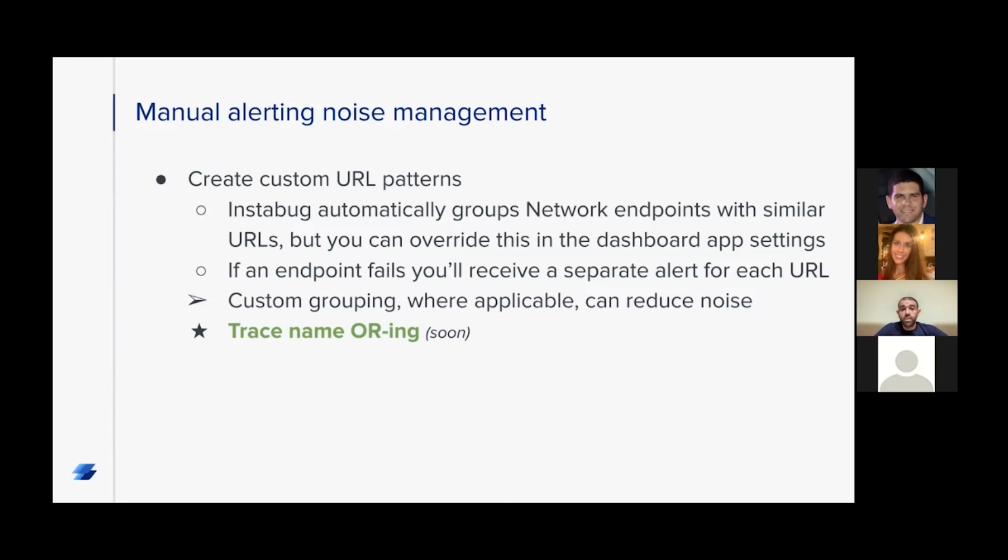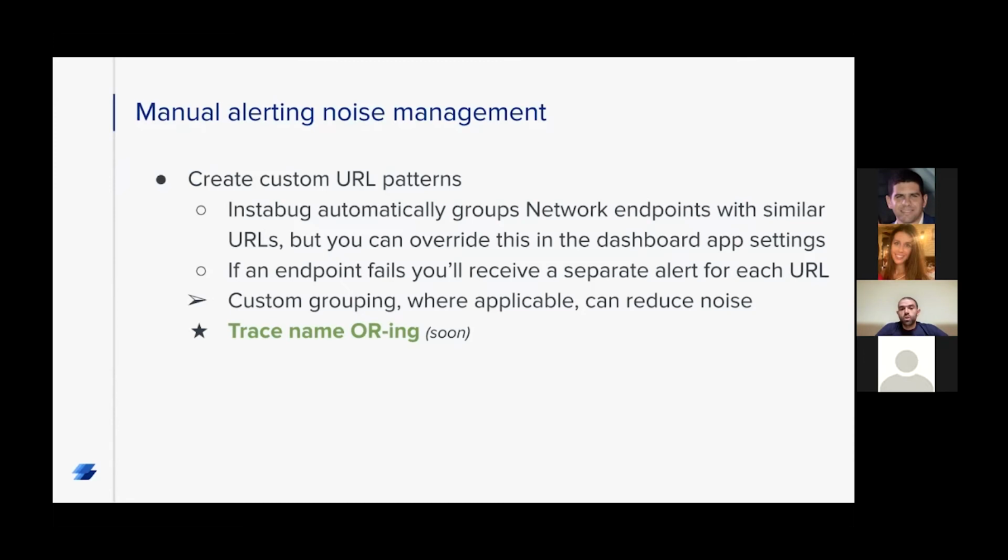Where applicable, this can reduce much noise, because if Instabug is not able to capture the similarity between two URLs that you see are very codependent or correlated, you'd like to group them together.